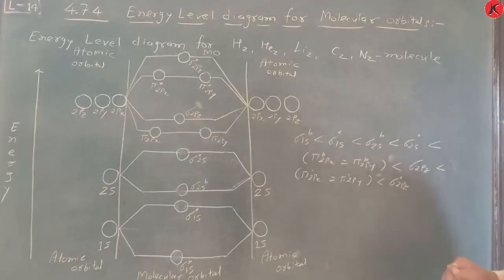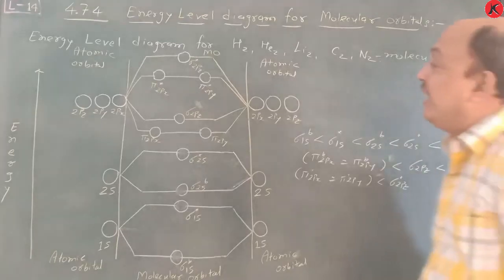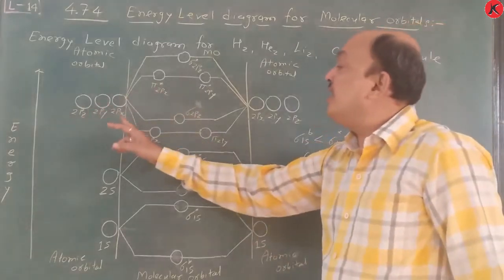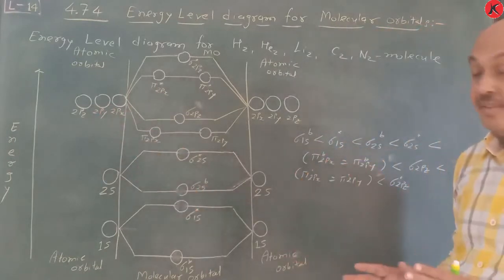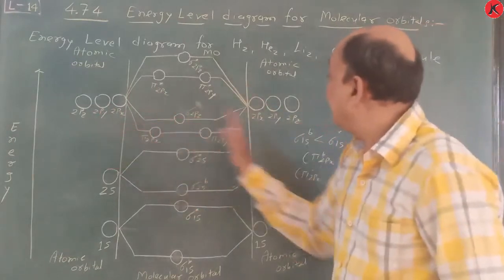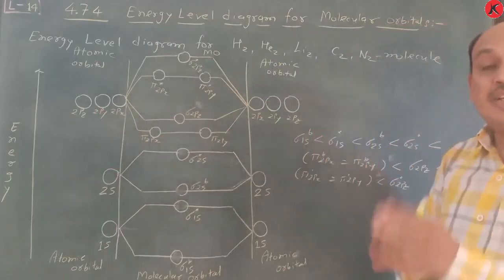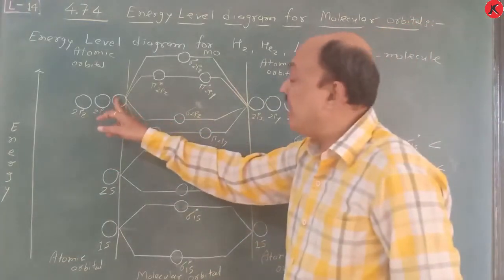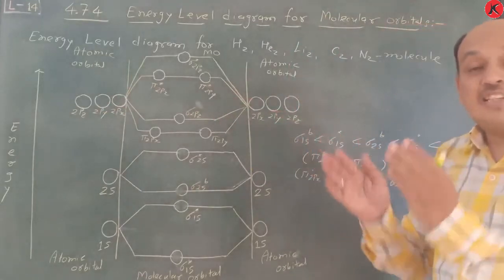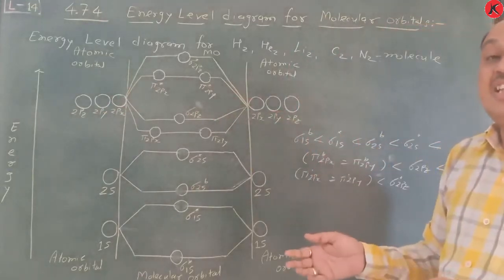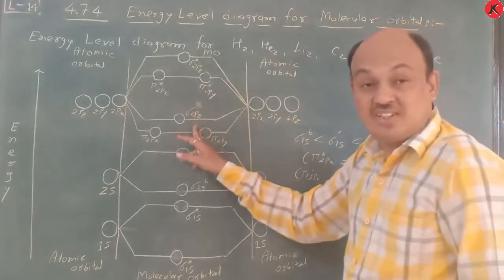Now what is the reason behind it? You know that nitrogen has 2px, 2py, 2pz orbitals that are half filled, with 3 electrons on each side. Now in oxygen, the next electron enters into px on this side and also on the other side, and that's why the energy level is changed.